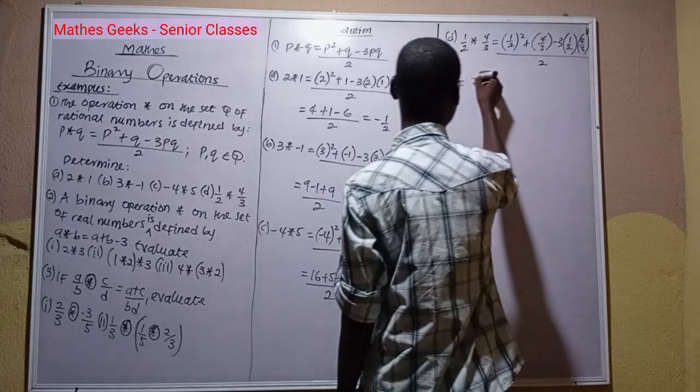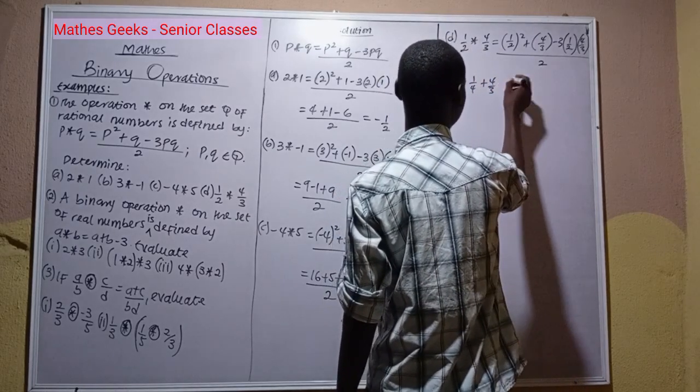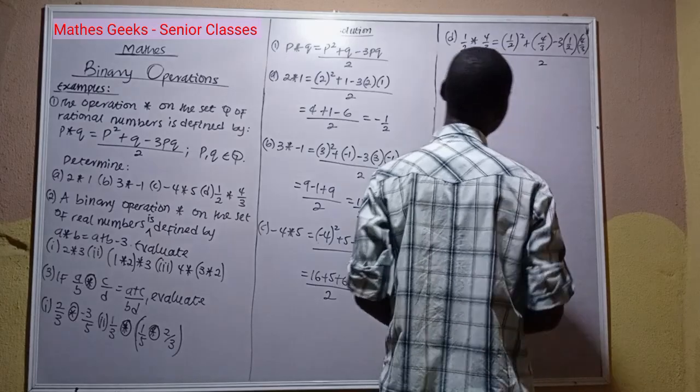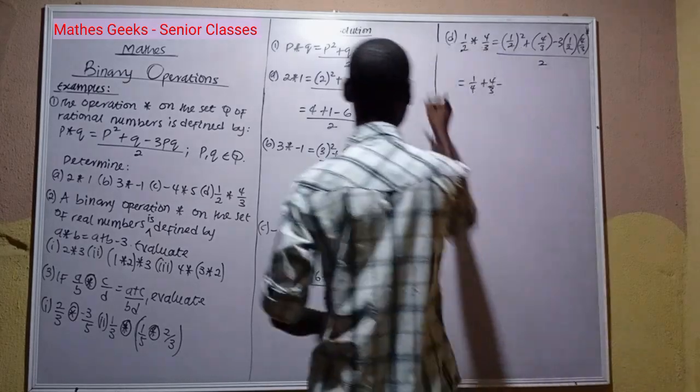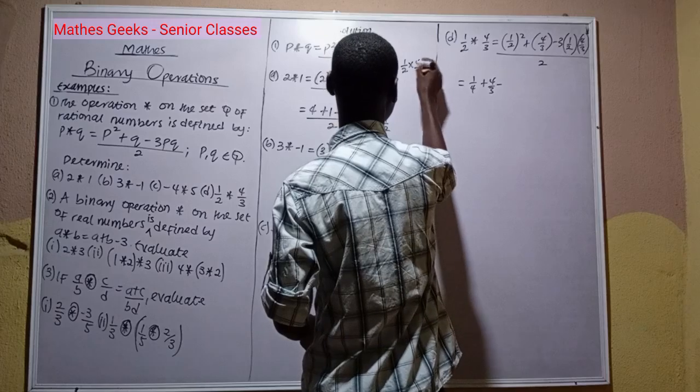So 1 over 2 squared is 1 over 4, plus 4 over 3, minus 3 times 1 over 2 times 4 over 3.